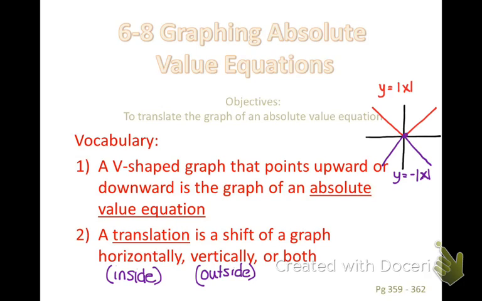But if I added numbers inside of the absolute value, that means you're moving the graph horizontally. And if I have numbers on the outside of the absolute value, I am moving the graph vertically, and I'll be showing you those in a second.